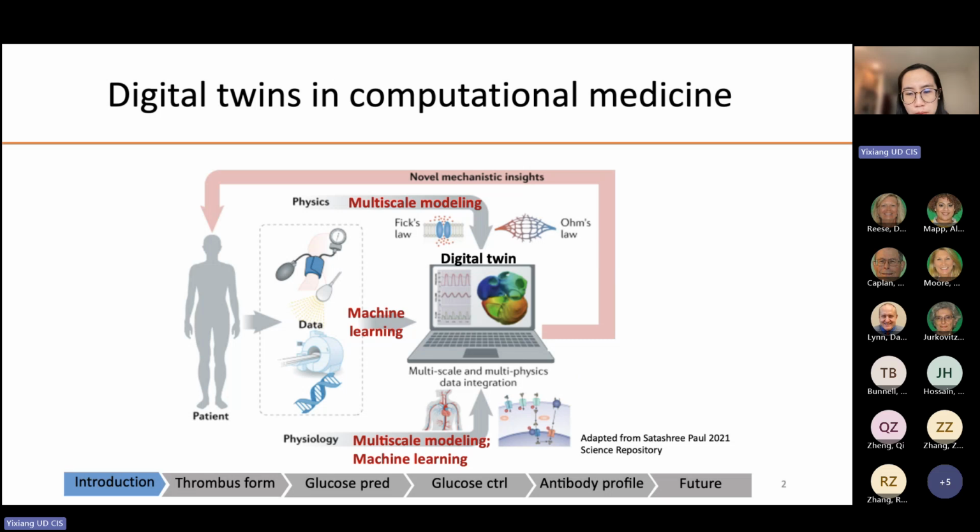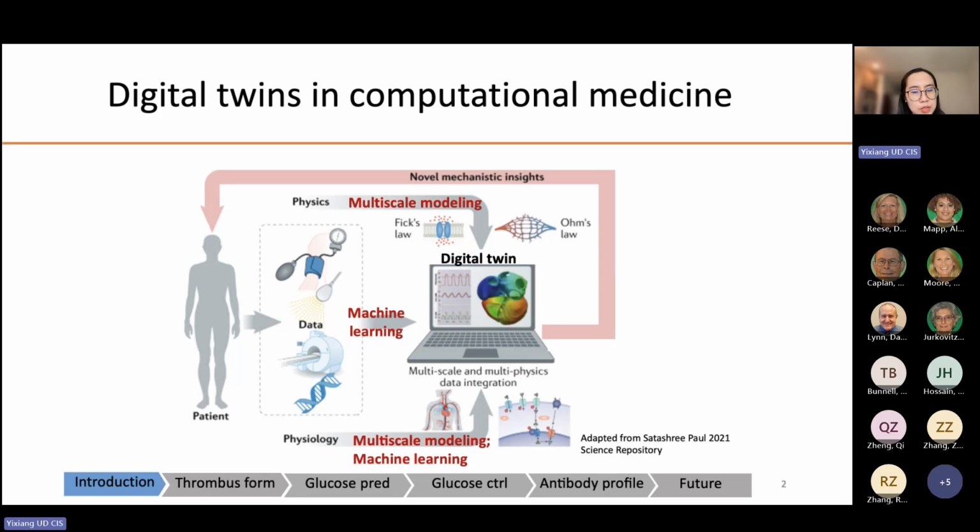The motivation during my PhD and postdoc, and a large focus of my current lab on computational intelligence for dynamic systems, is that we are interested in designing digital twins through multiple different methods. For example, the multi-scale modeling that I mentioned, which is driven by physics or chemistry.